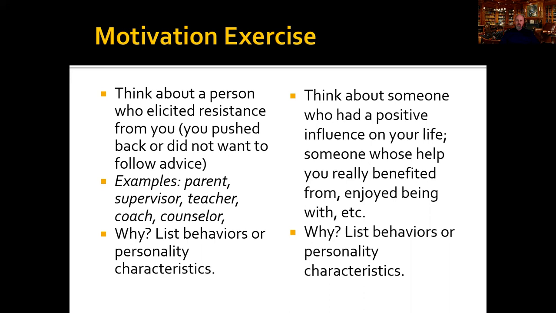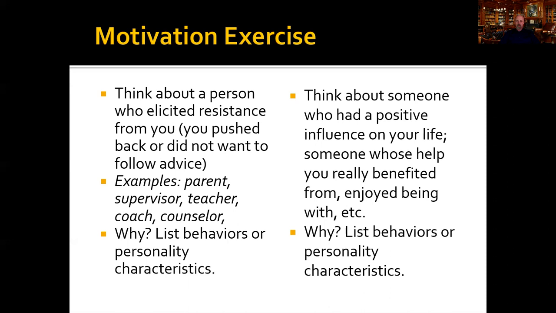All right, so comparing the lists, what we do in the class that's taught in the AODS program is we have half the room give us the behaviors or personality characteristics associated with the person they're resistant to. And then we have the other half of the class give the behaviors and personality characteristics of the person who had a positive influence and you were really motivated to go to for help.